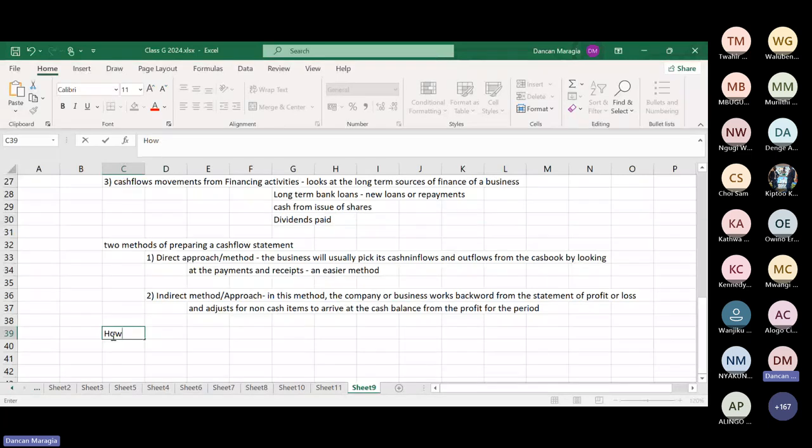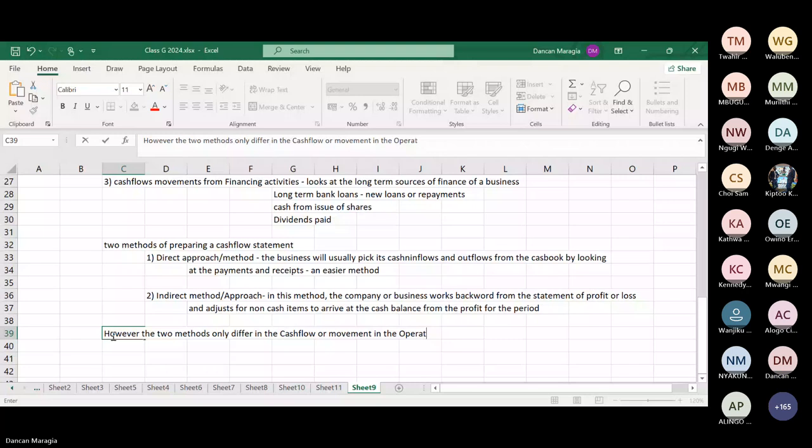However, the two methods only differ in the cash flow or movement in the operating activities section. That is what you are going to realize in the operating activities section.